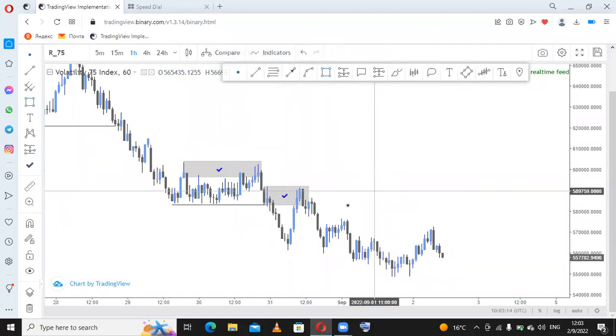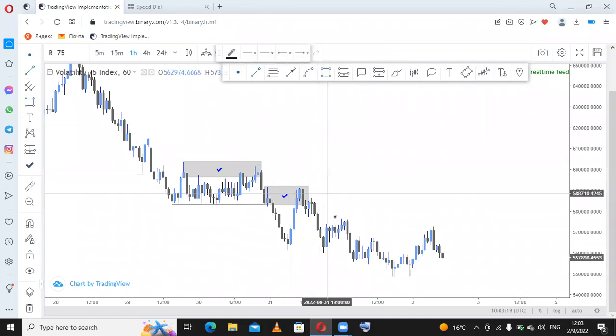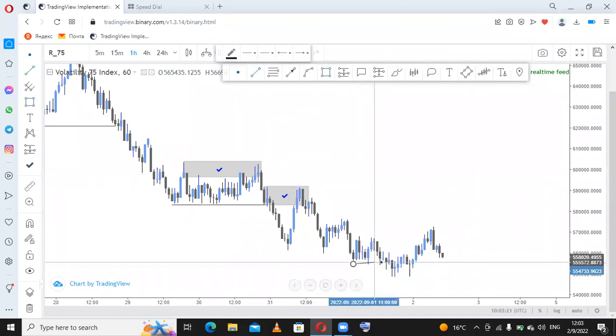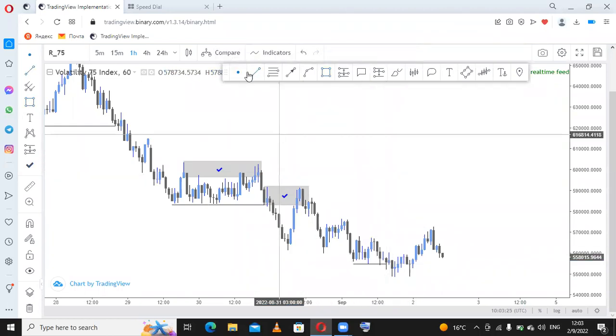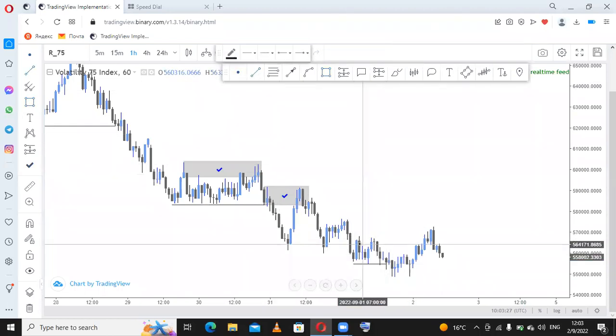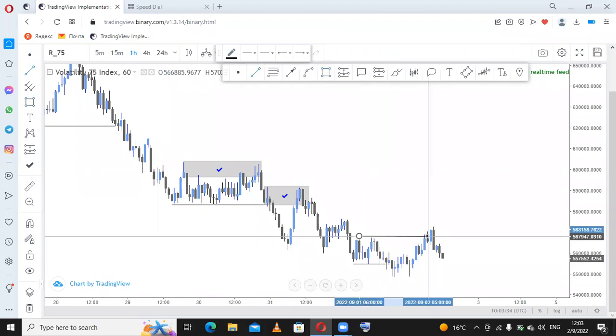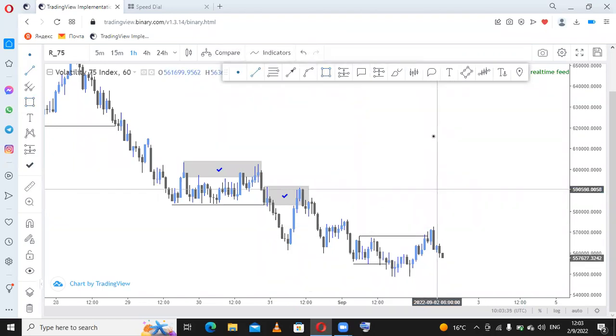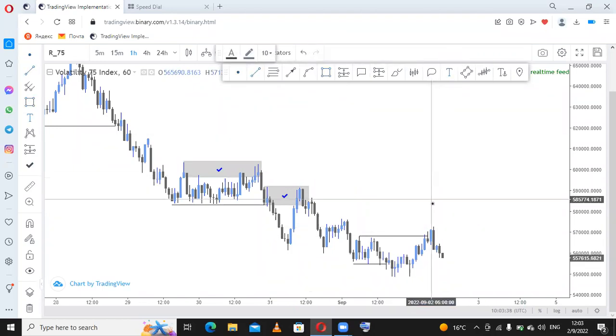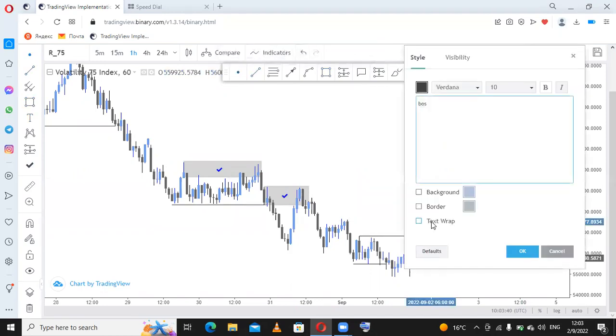So moving on, we have this one. This one was unmitigated because we broke structure here, which means this was our most previous low, which mitigated this other block, which means we do not care about this high now. It has to be taken out for price in order to create a new lower high and continue to go down.